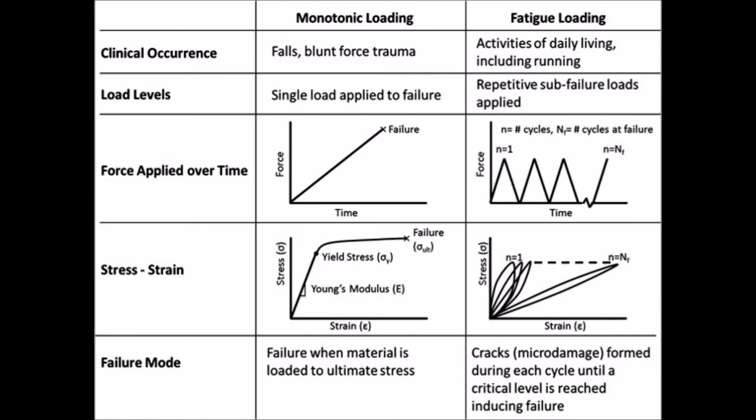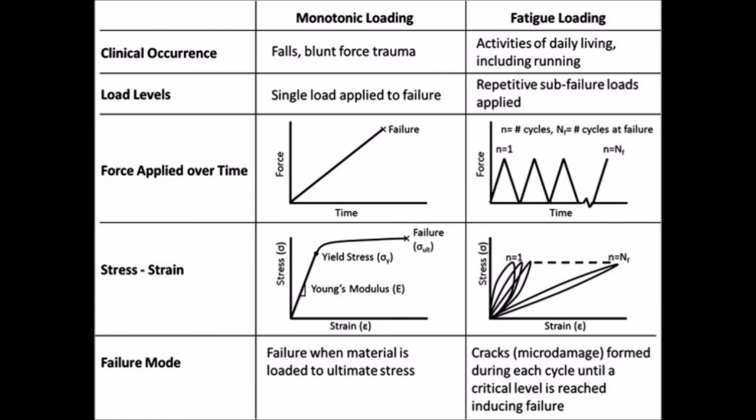These kinds of hysteresis loops show the stress and strain in fatigue loading. So in fatigue loading, we can't graph it as a straight stress strain curve. We often see it as hysteresis loops that show the loading and unloading of the bone repetitively.